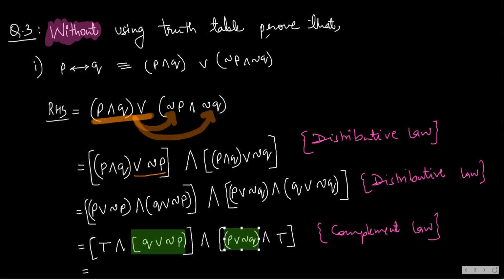Now you know T and any statement will be same as that statement. If you have T and P, it is same as P. It will have the truth value of P. T and P is P. What is that law? Identity law.